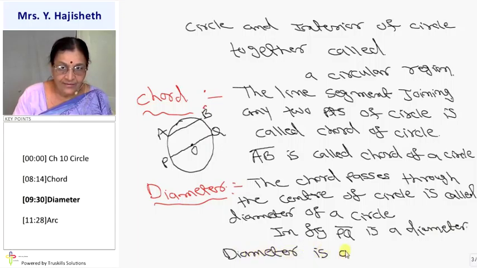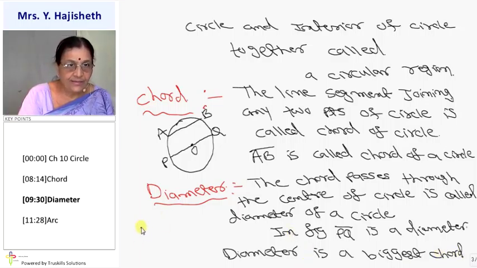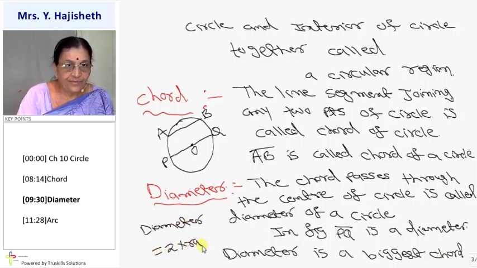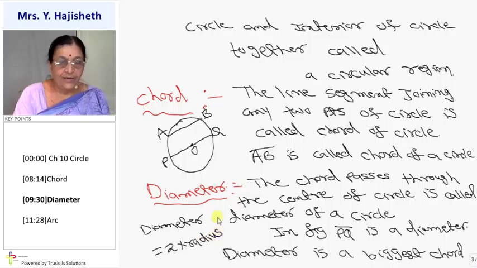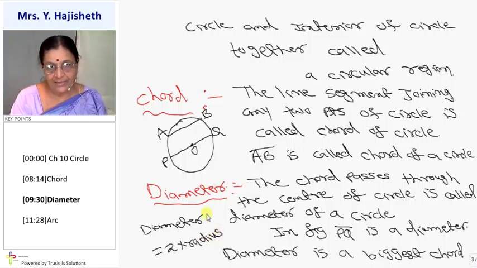There is no chord bigger than this. It is the biggest chord. And the diameter is 2 times the radius. Clear? See, PQ is OP plus OQ. So it is 2 times the radius.